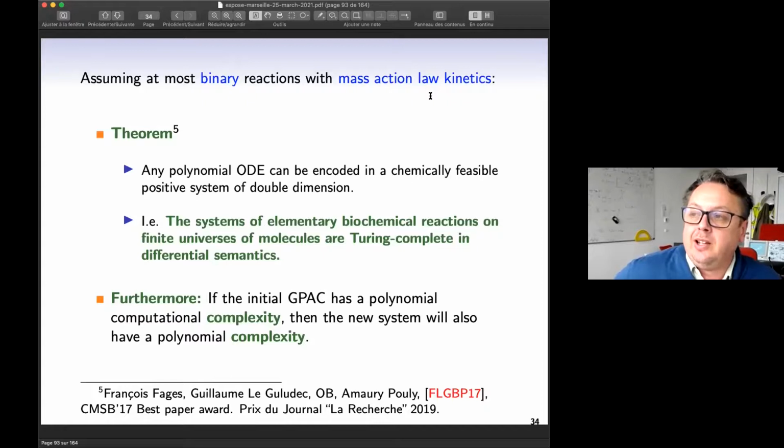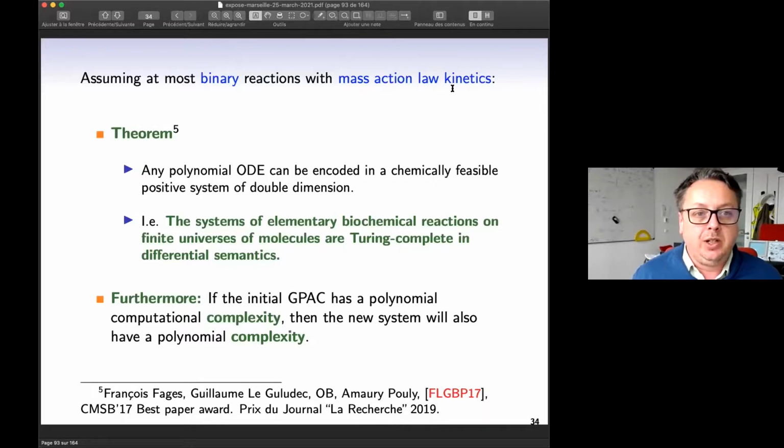First, we want to encode data by concentration, and the concentration is always positive, while our variable could be negative. So we have to do a trick, and the trick is basically to encode values by the difference between two positive values. And the second problem was to go to binary reaction with mass action law kinetics.